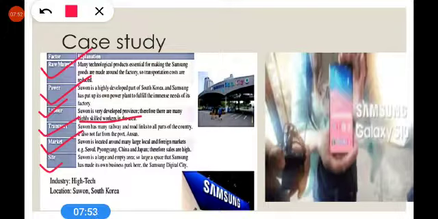Many technological products essential for making Samsung goods are made around the factory, so transportation cost is reduced. Suwon is a highly developed part of South Korea and Samsung has put up its own power plant to fulfill the immense need of its factory. There are many highly skilled workers in the area.